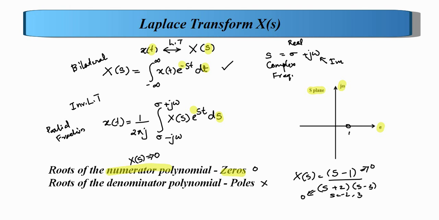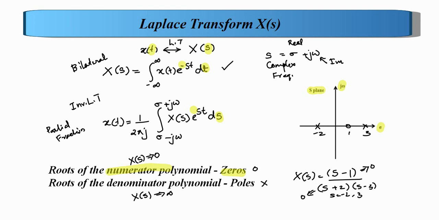So here you can indicate one at minus 2 and the other at 3. This is known as poles, or in other words the function value goes to infinity. Based on these poles and zeros I can say whether the signal is causal, stable, etc.